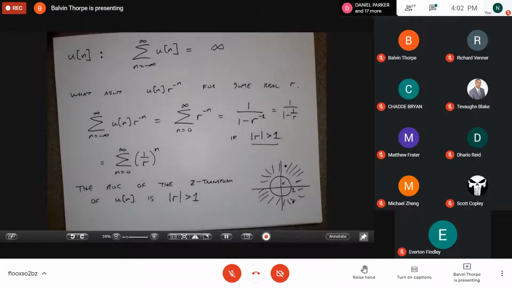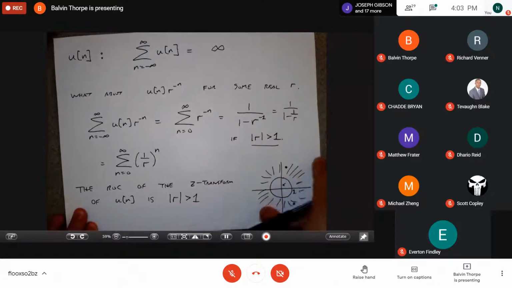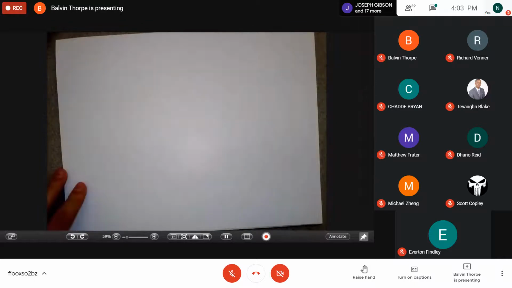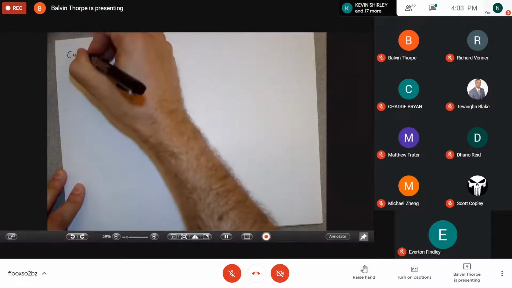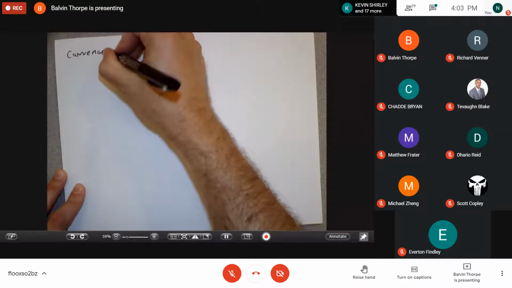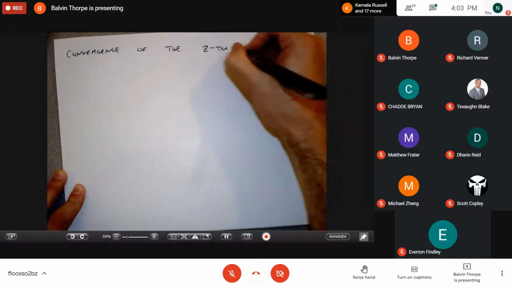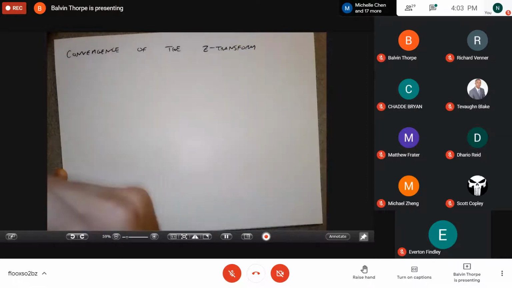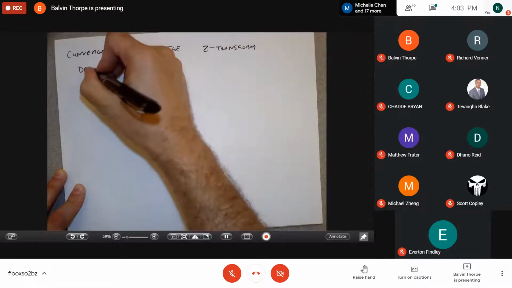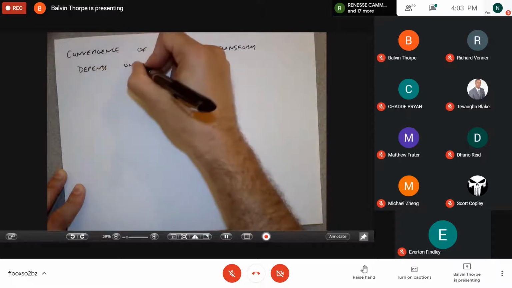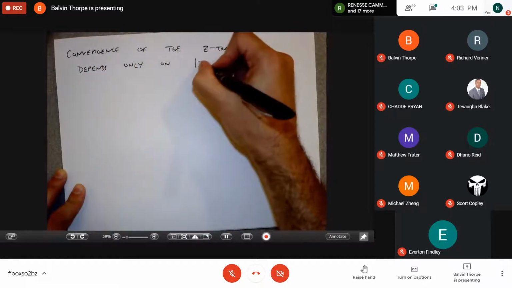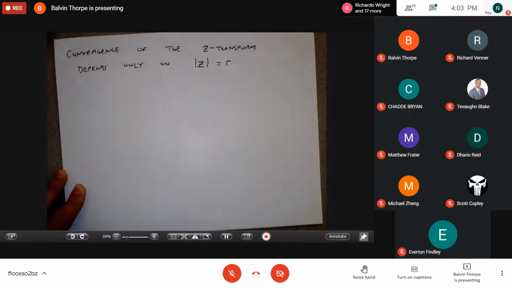So you can see here that because everything depends on r, my regions of convergence always involve circles in some sense, circles in the complex plane that are centered at the origin. A different way to say this is that convergence of the Z transform depends only on the magnitude of z, which I was calling r in the previous slide.